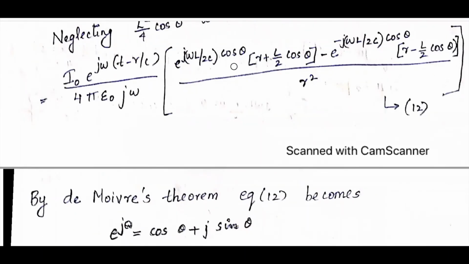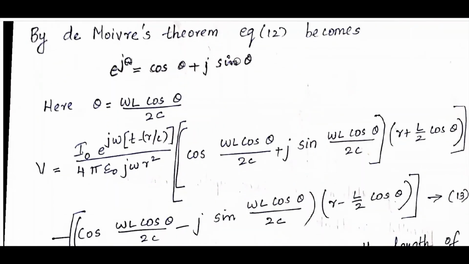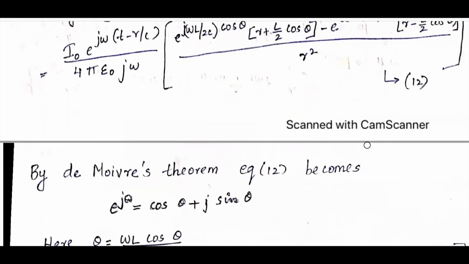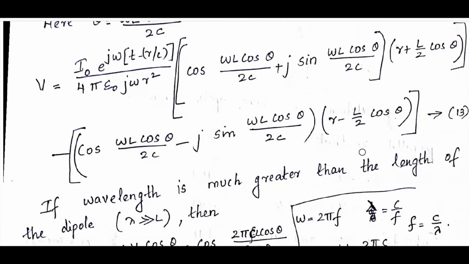So this whole term is e raised to j theta, omega L by 2c into cos theta. Instead of e raised to j theta, we will write it as cos theta plus j into sin theta, where theta is equal to omega L cos theta by 2c. So substitute that in this formula. It's the same formula, we are just writing it in another form. Finally you will get this as the equation.